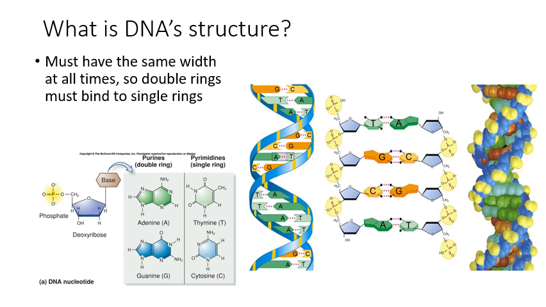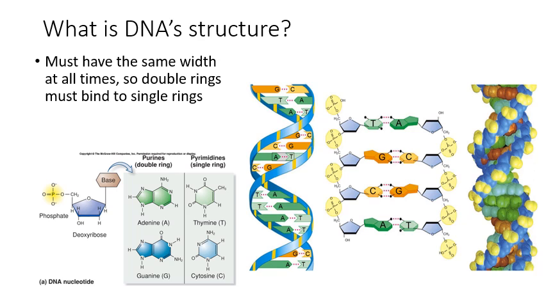All right, so which base that only has one ring can make two hydrogen bonds? If we look up here, we can see A has two rings and makes two hydrogen bonds. T has one ring and makes two hydrogen bonds. C has one ring and makes three hydrogen bonds.